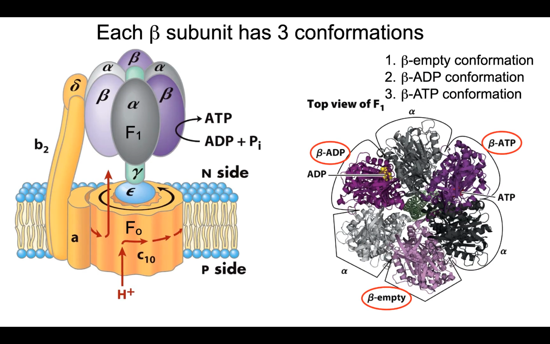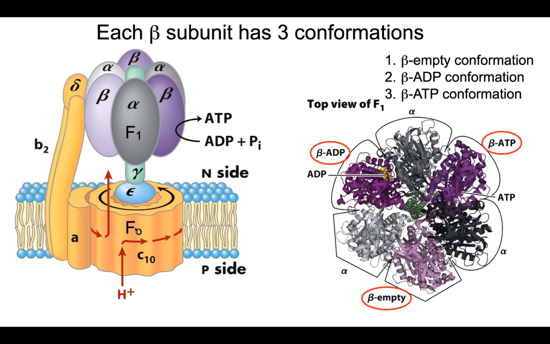So let's take a look at the structure of ATP synthase. We have two main components, the F1 component and the FO component. The F1 component is all of these alpha and beta subunits, this delta subunit right here that's kind of holding these alpha and beta subunits in place, this gamma and this epsilon subunit.